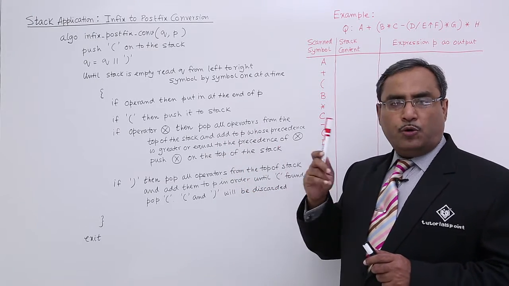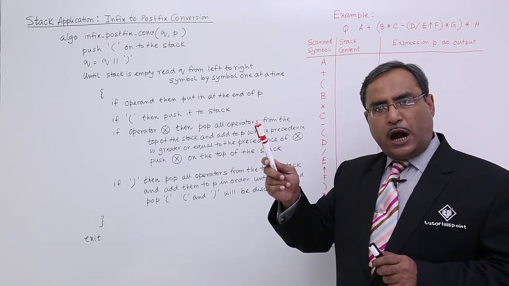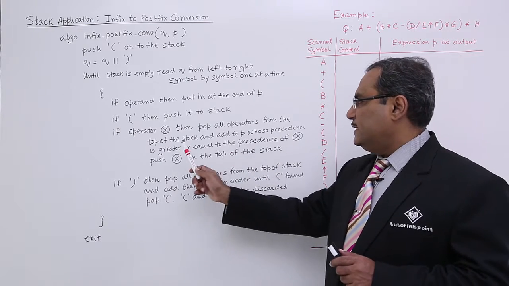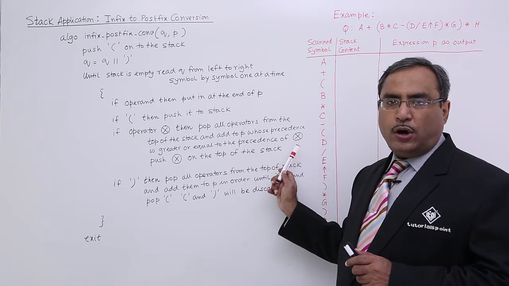P means the output postfix expression. So, those operators will be popped out and added at the end of P, whose precedence is greater than or equal to the precedence of the currently scanned operator.